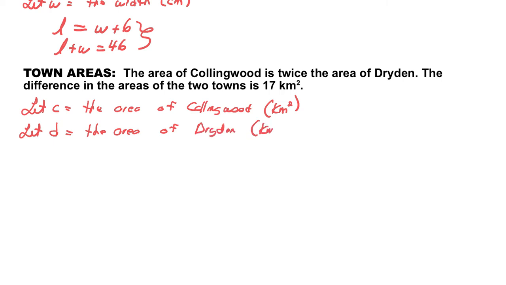Also in kilometers squared. So the area of Collingwood is twice the area of Dryden. The difference in the areas of the 2 towns is 17. So when you subtract one from the other, the difference is 17.